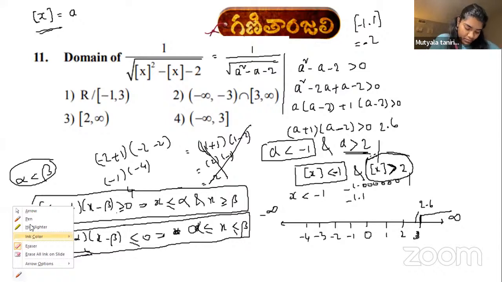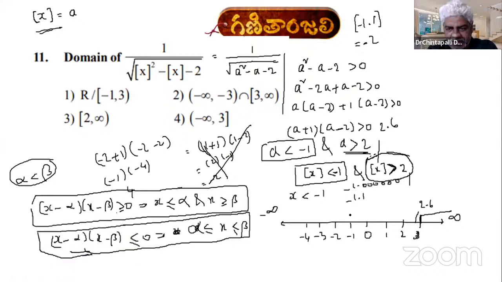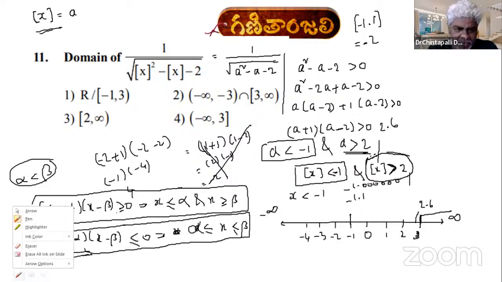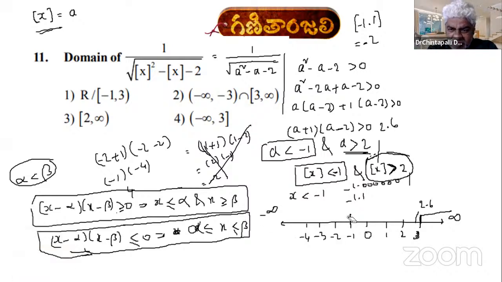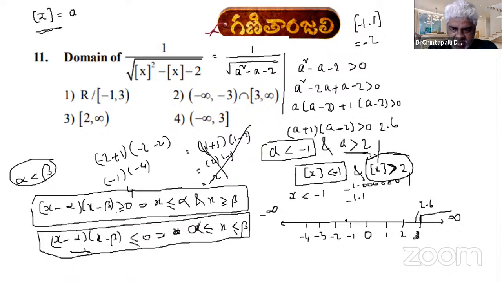See, -1 excluded or included? -1 is excluded, right? See, this is -1. -1 is excluded.